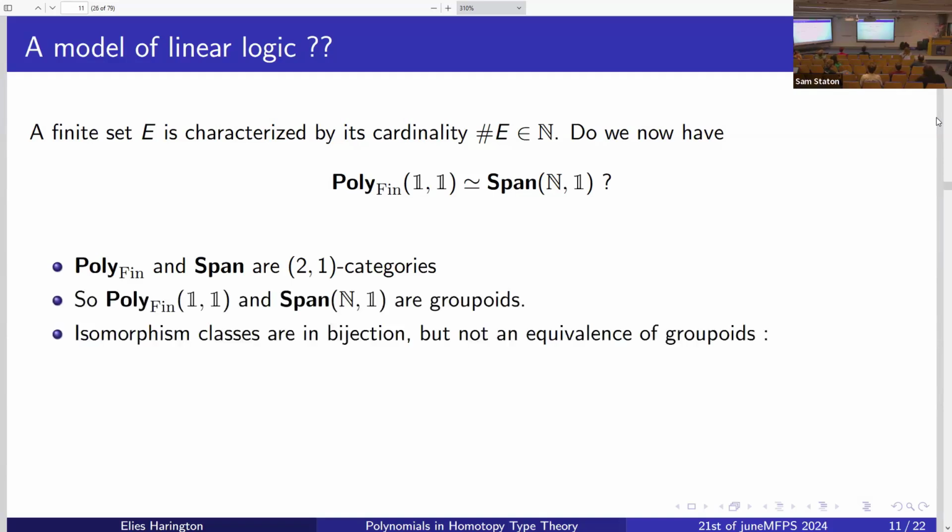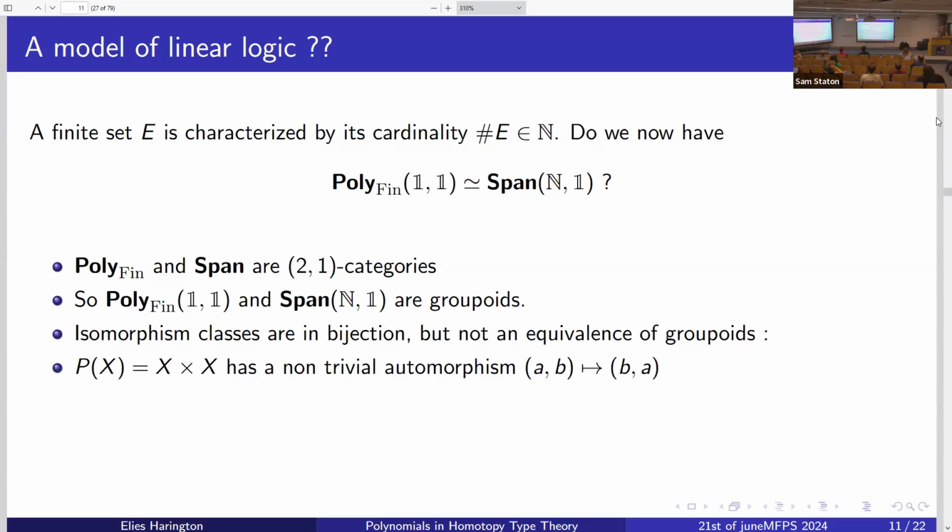And even though those two groupoids have isomorphic isomorphism classes, they are not equivalent as groupoids. For instance, if you take the polynomial x times x, it has a non-trivial automorphism, which just swaps the two variables.